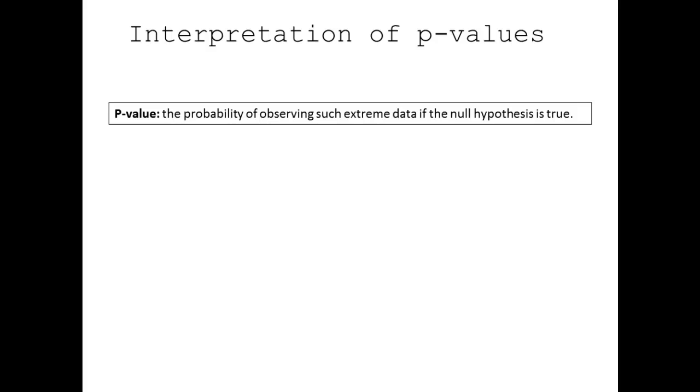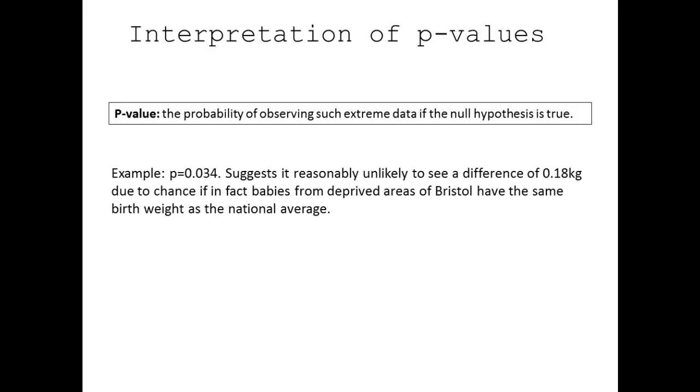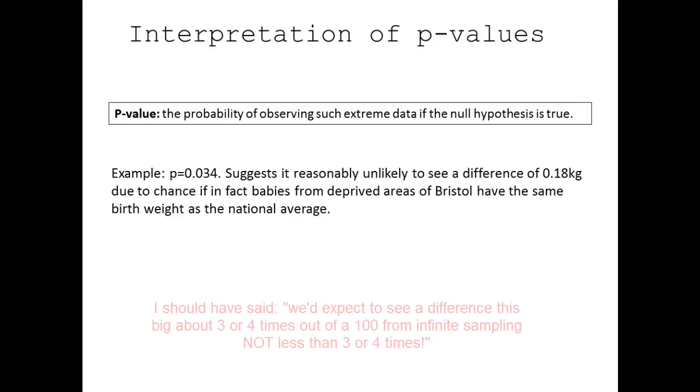So our p-value of 0.034 indicates that it's reasonably unlikely to observe such a difference if the null hypothesis is true. In fact, we'd expect to see a difference of what we saw, which was 0.18 kilograms, in less than 3 or 4 occasions out of 100 if we were to repeat the study with independent random samples again and again.